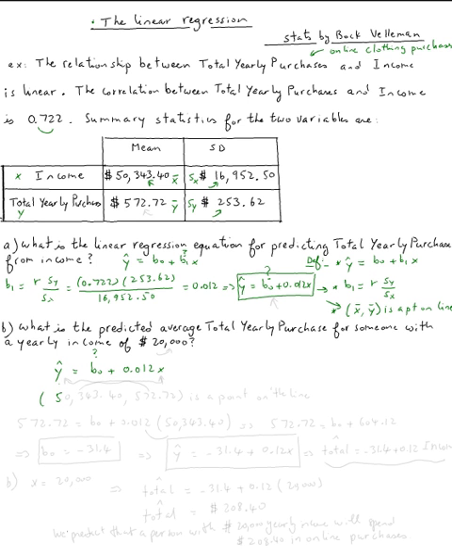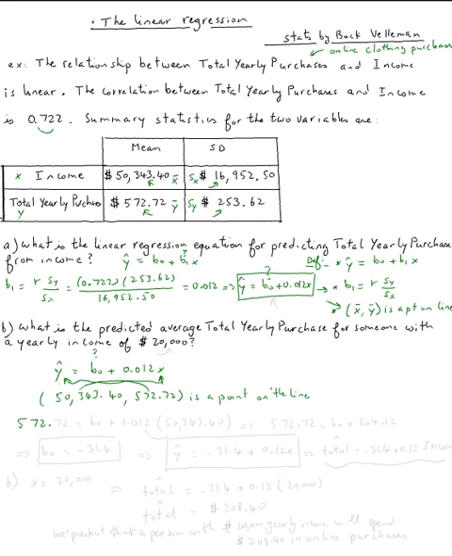So x bar is 50,343.40, and y bar is right there, 572.72. We know this is a point on the regression line. If I plug x bar and y bar in, I can find b0. Pretty easy.